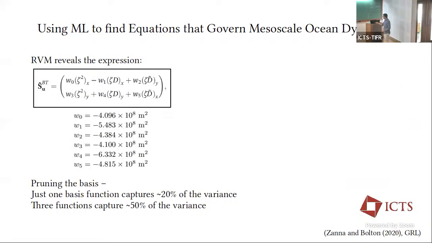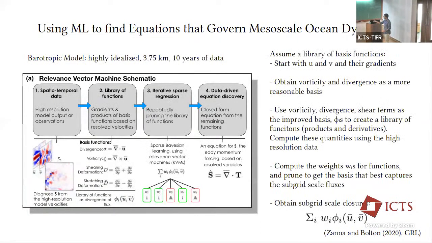And then the second question. Once you create a library of functions, you are writing your subgrid scale in this form. Once you throw out some terms that you think don't matter, you choose a threshold. This gives not a single value but a distribution for any variable.